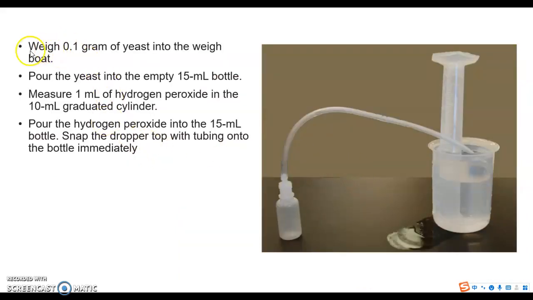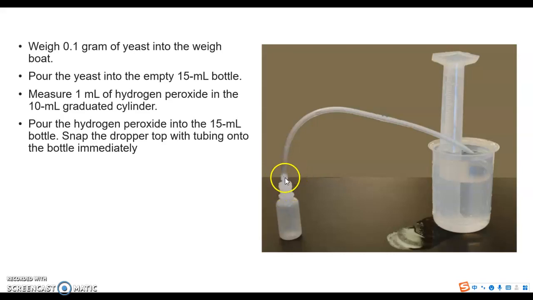So to start the reaction, you need to weigh the yeast first and pour the yeast into this small bottle. And then measure hydrogen peroxide. Let's do 1 ml first. Pour it into the small bottle and quickly snap the dropper top with tubing onto the bottle.